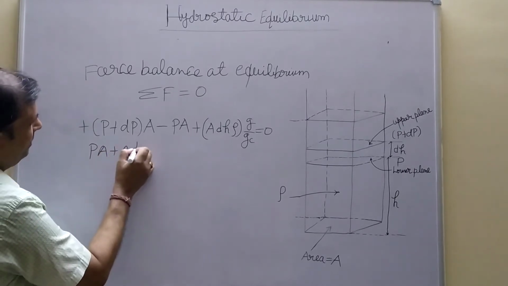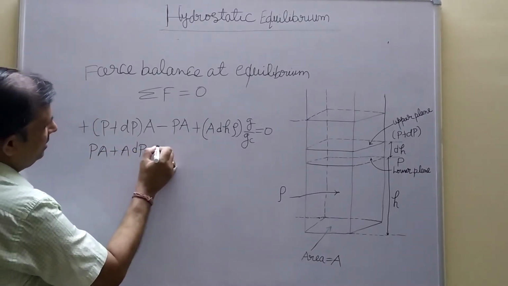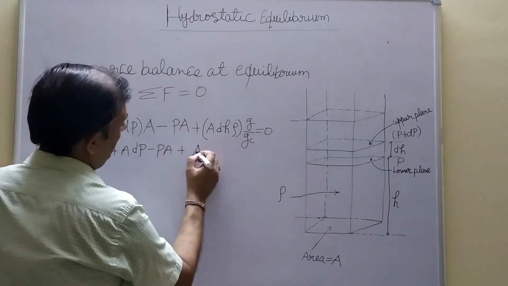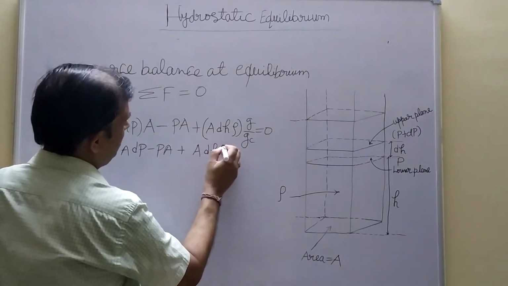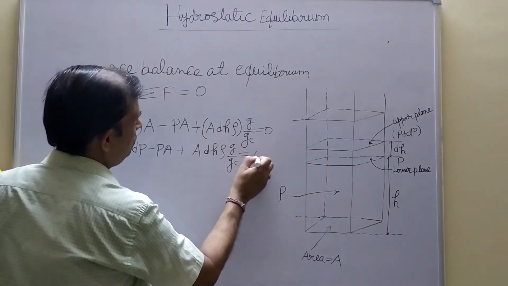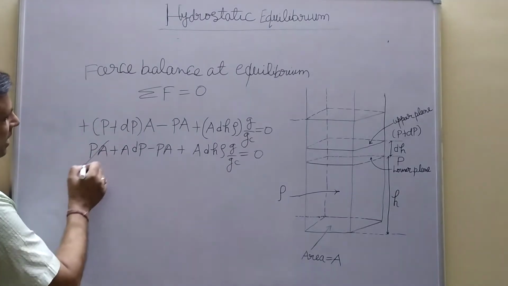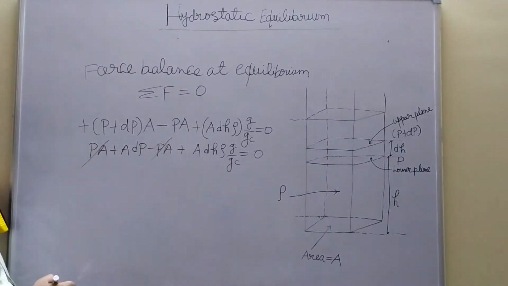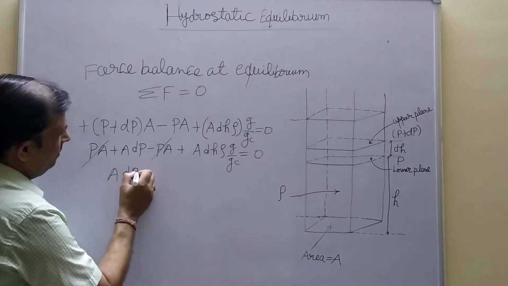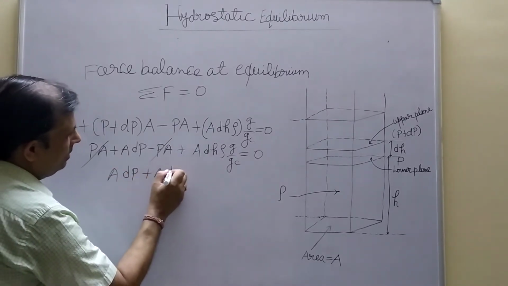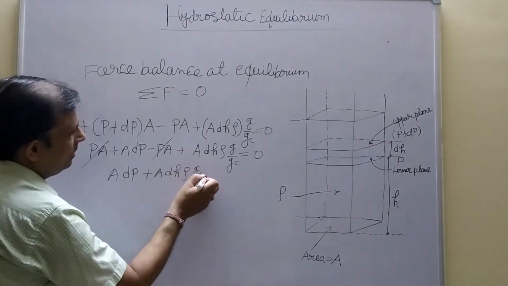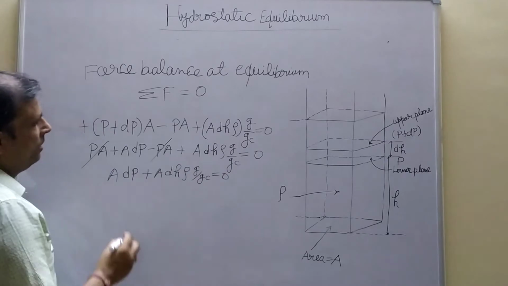So PA plus A dP minus PA plus A dh rho g by gc equals 0. This PA term will cancel out, so remaining A dP plus A dh rho g by gc equals 0.